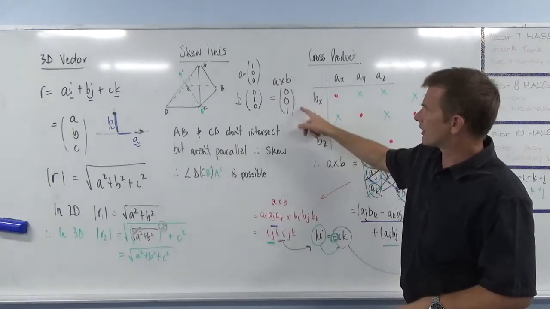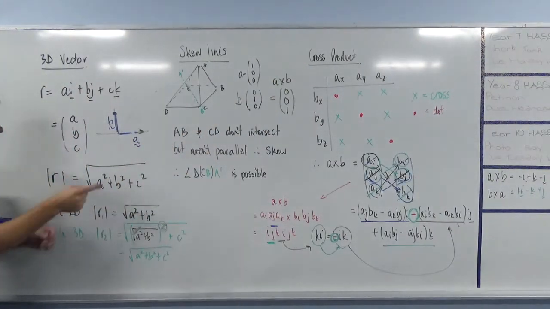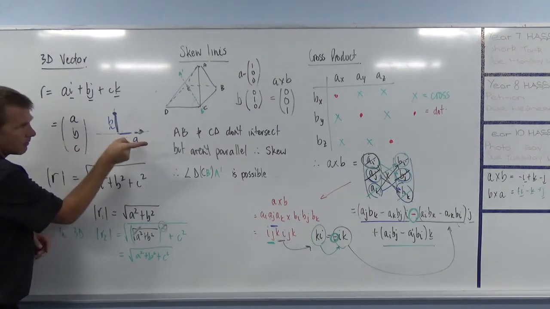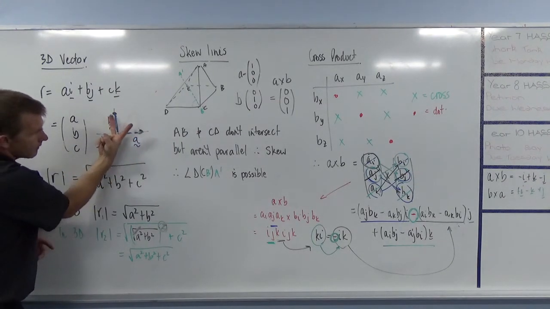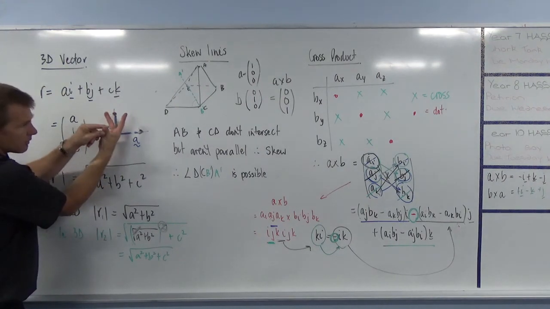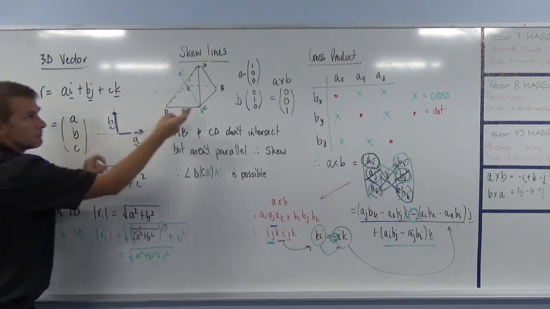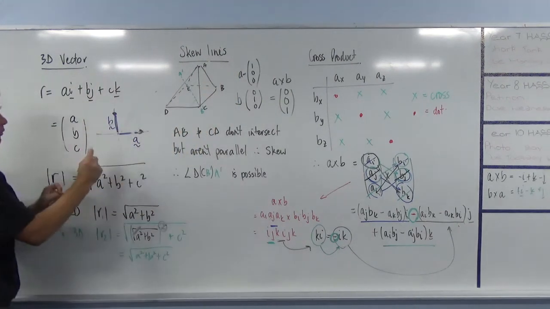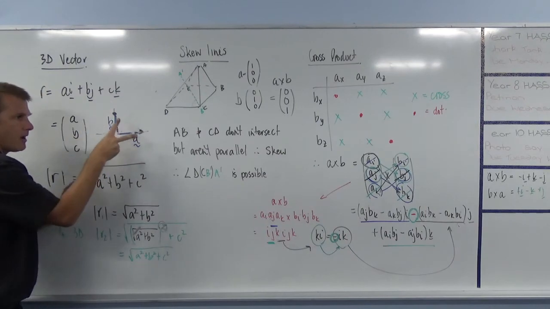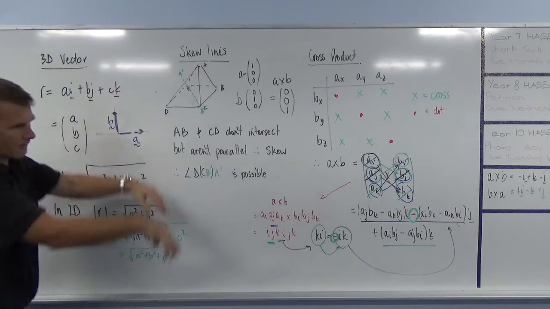So let's just check this out. If A is that way and B is up that way, as best as I can, then the cross product is the one coming out of the board, isn't it? But if I did B cross product A, it would be B, A, and the one would be into the board.